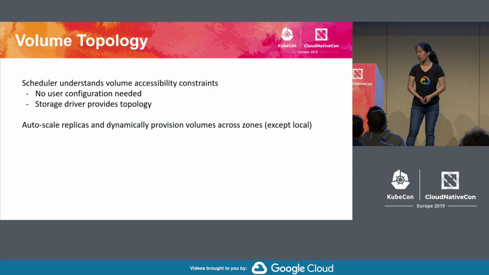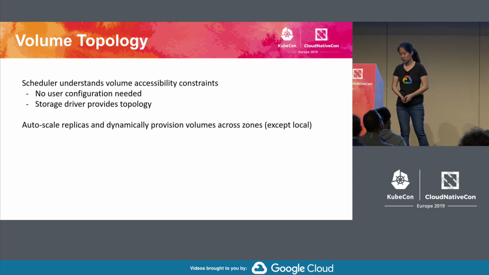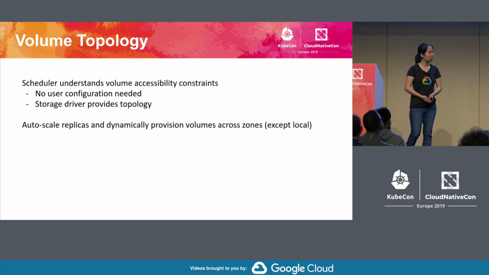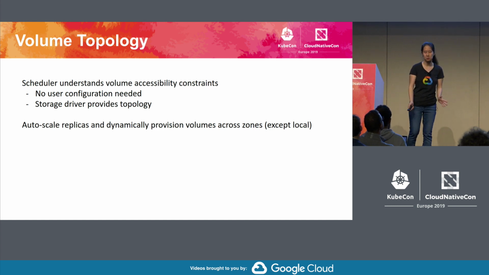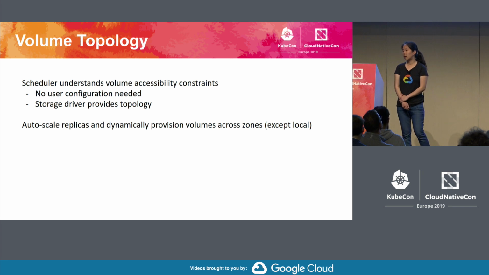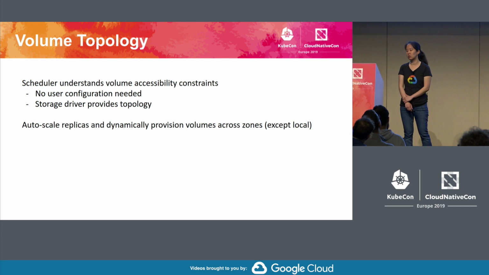So this wasn't always easy to do in Kubernetes, especially when using volume types that were not globally available or accessible in the cluster. Kubernetes originally assumed that you can access volumes from any node. But now with the volume topology feature, we've added intelligence into the scheduler so that it can better understand these more constrained volume types.